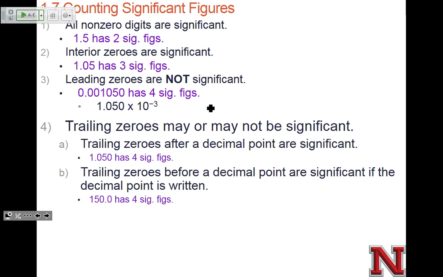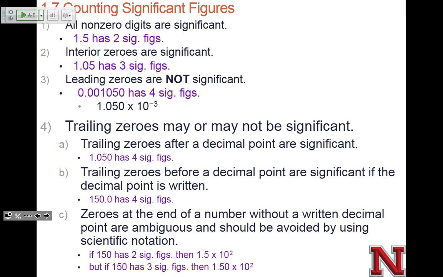However, trailing zeros before a decimal point are only significant if a decimal point is shown. So for example, these two zeros are both significant, but 150 only has 2 significant figures. We don't have that decimal point. That means that this number isn't really known. That's 0. So it's not significant.